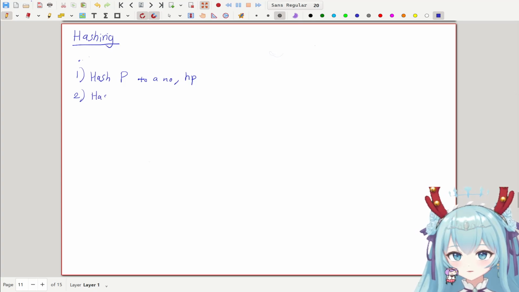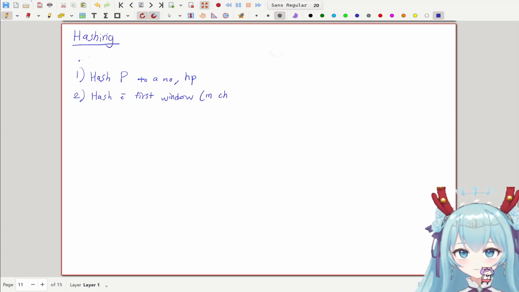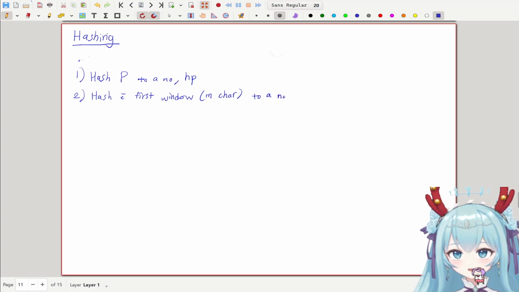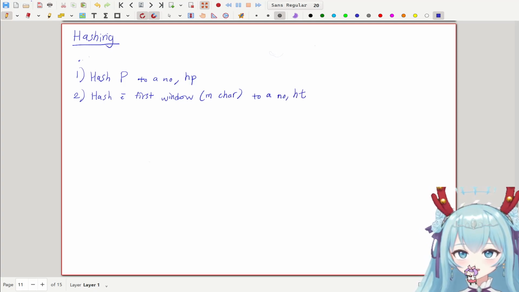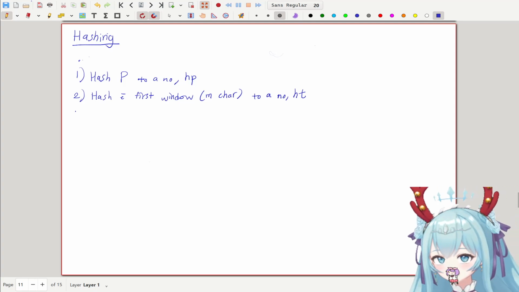And then we'll hash the first window, which is n characters, to a number ht. So instead of just small t earlier, now we have ht.